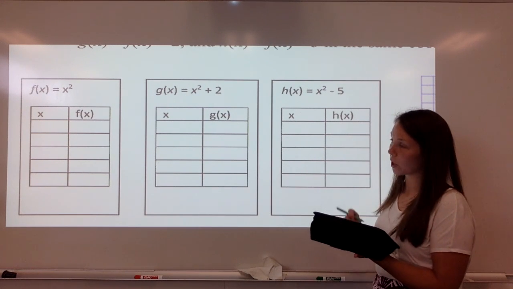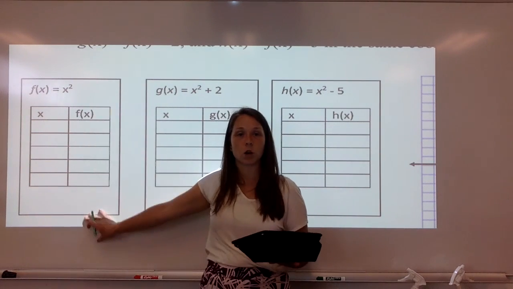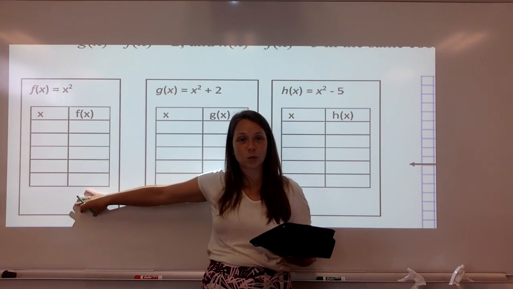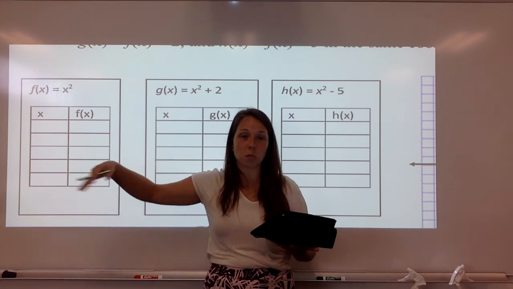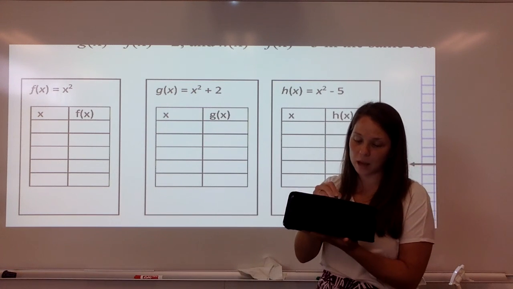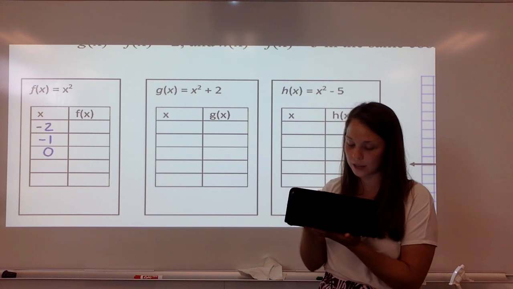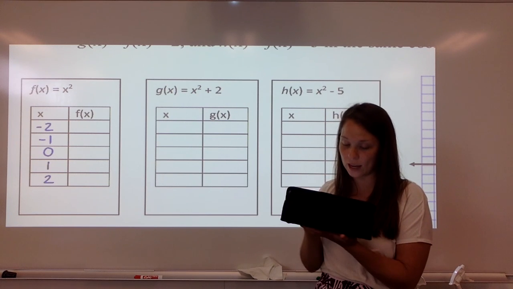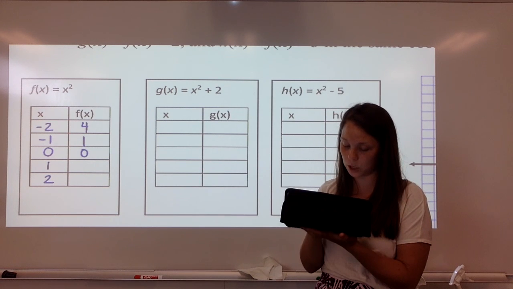Okay. First things first, we have our parent table. This is our starting point. This is our original function, f of x equals x squared. I'm going to use my parent tables like I've done on the past problems with the quadratic functions, and then I'm going to graph it. So I recommend you do the same. I do tend to color code these because as we get multiple graphs on a grid, it can be helpful to have some way of distinguishing between them.